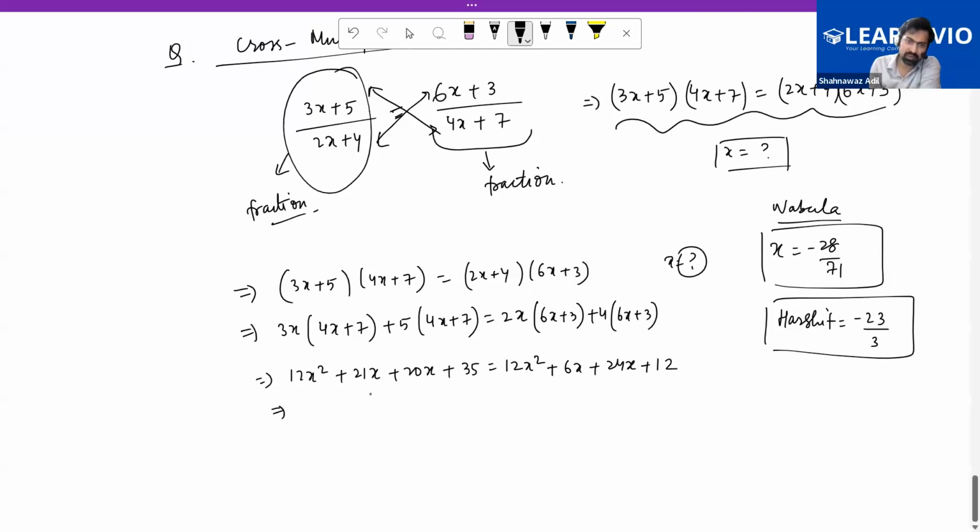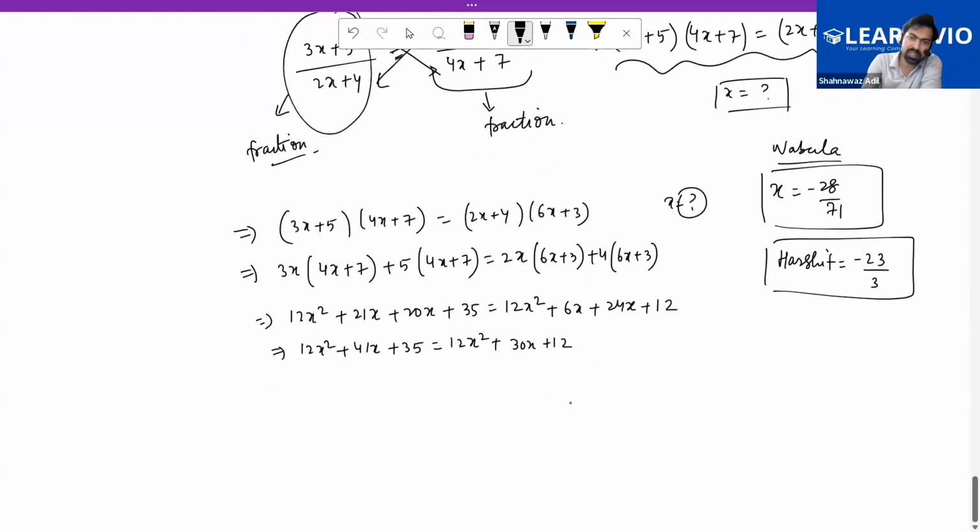First we have to simplify this: 12x square plus 41x plus 35, and 12x square plus 30x plus 12. Now we have to take the variable to one side and numbers to the other. So 12x square minus 12x square, 41x minus 30x, and then 12 minus 35.